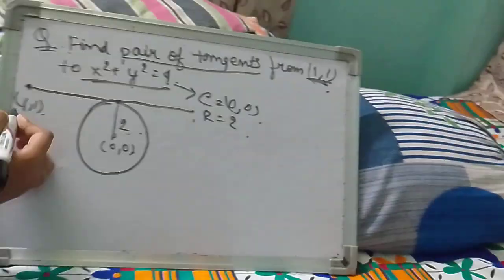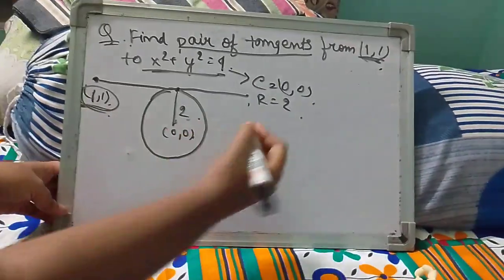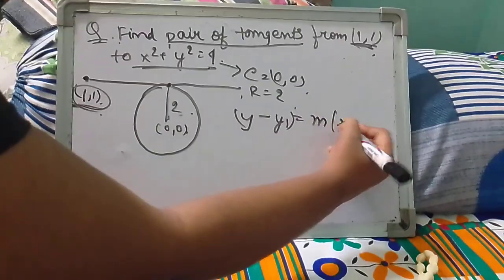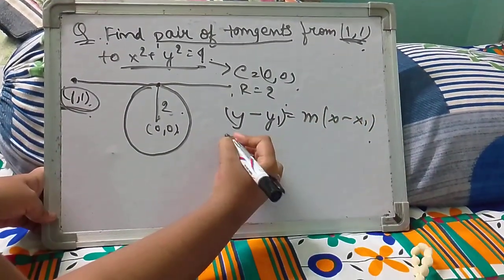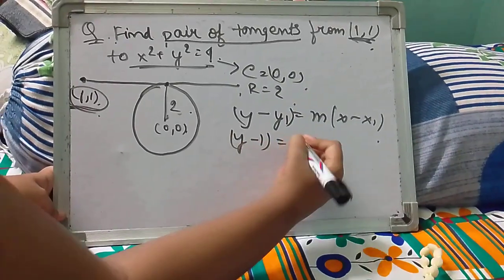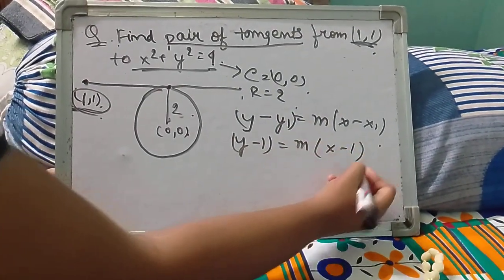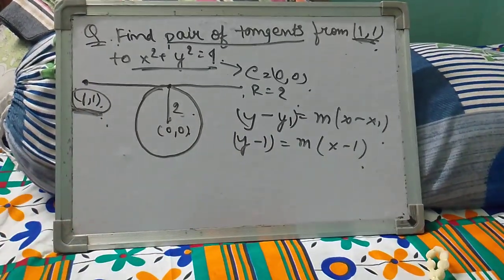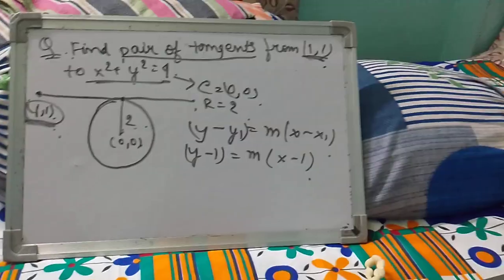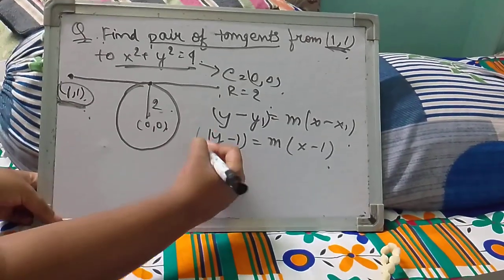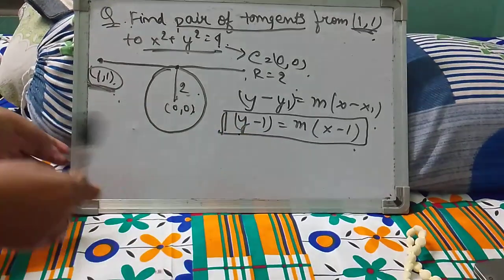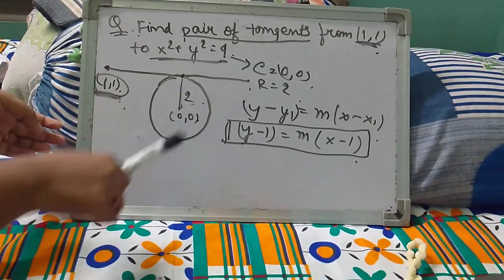We know when a line passes through a particular point, its equation can be written as y minus y1 equals m(x minus x1). So it becomes y minus 1 equals m(x minus 1) because it passes through (1, 1). So let's solve this. This is our equation of the tangent and we know the tangent touches the circle at one point.